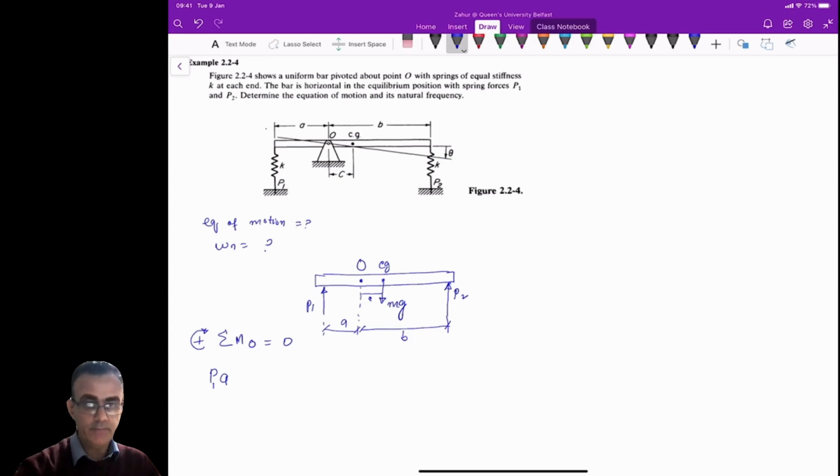And then the weight is mg, and its moment arm is C, and then minus, because the P2 is in the opposite direction, P2 times B equal to 0.